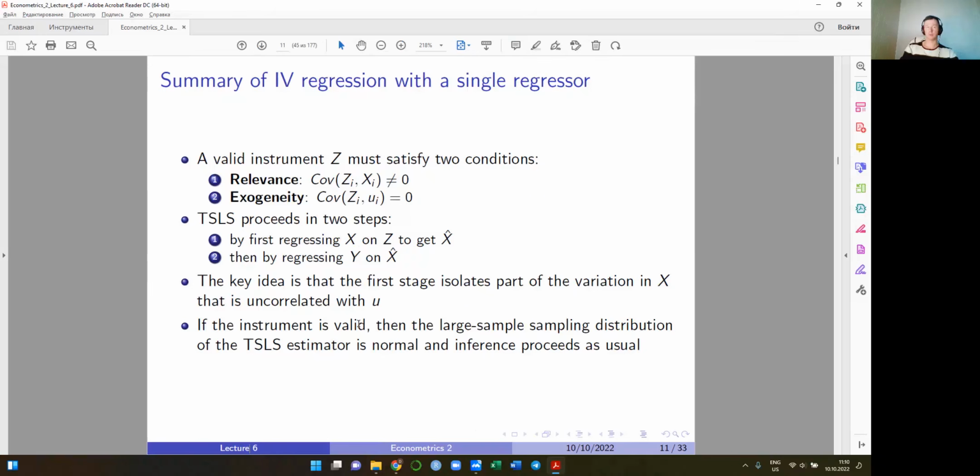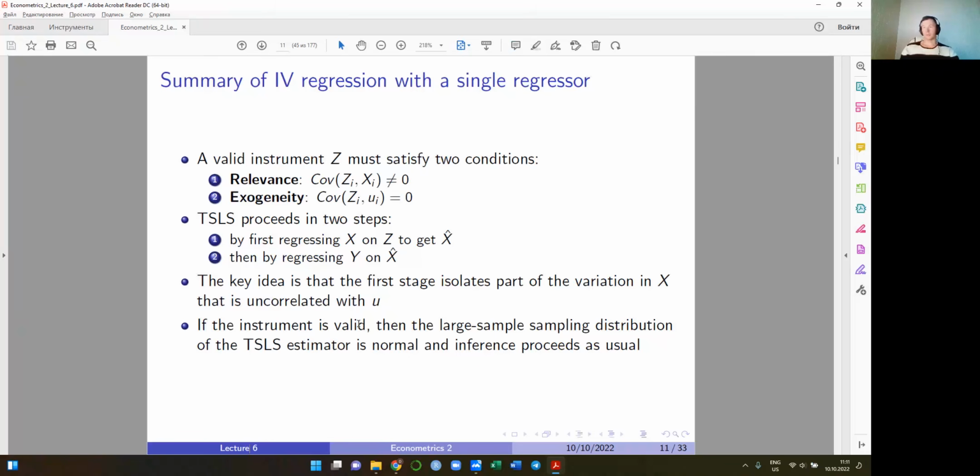And regarding the statistical inference, if the instrument is valid, in large samples, we can perform statistical inference as in the usual OLS. Compare p-values with the desired significance level, or compare t-values with the critical values, like 1.96, for example, for 5% significance level.